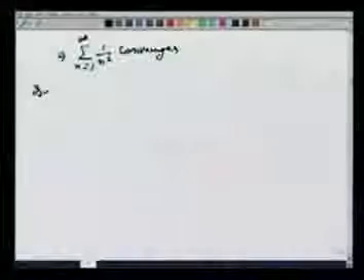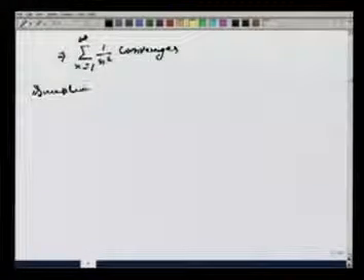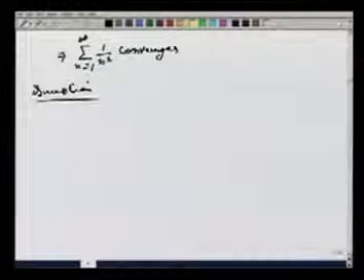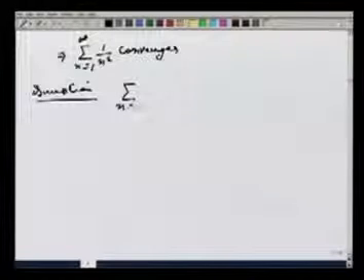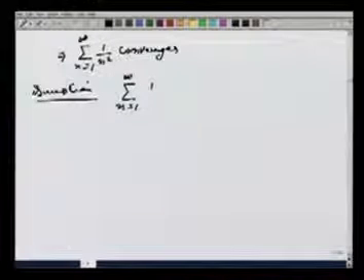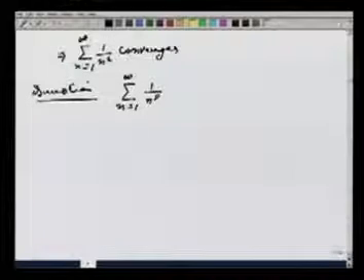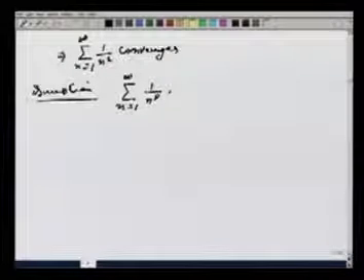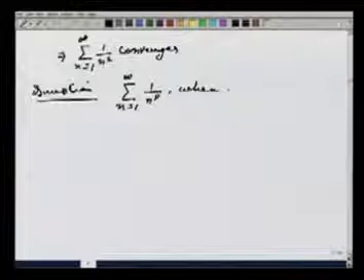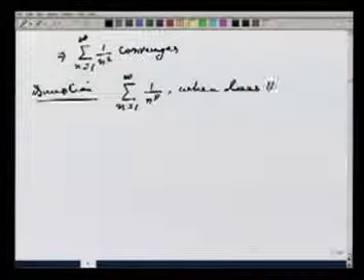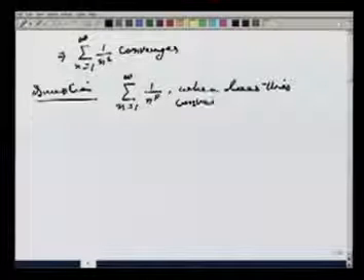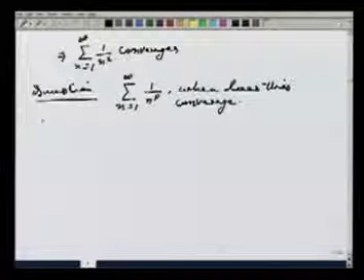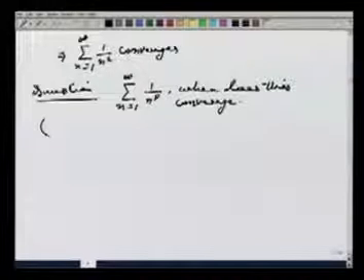Okay, so then the question arises: if I look at this infinite series, summation n from 1 to infinity 1 by n to the power p, when does this converge? Certain cases are easy to guess.